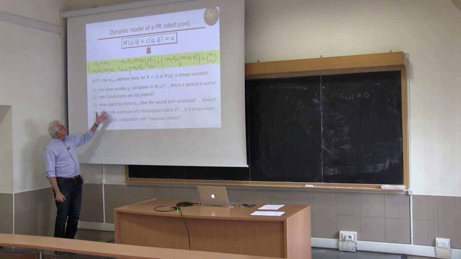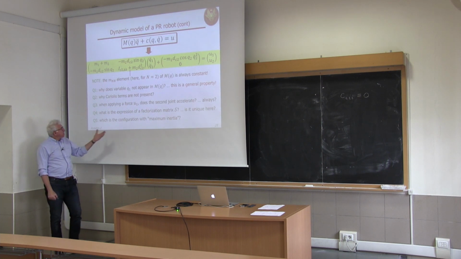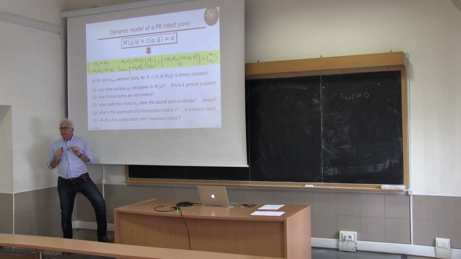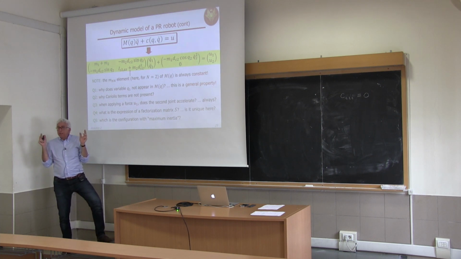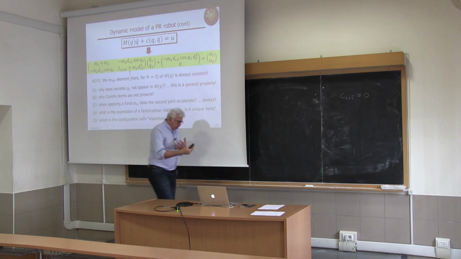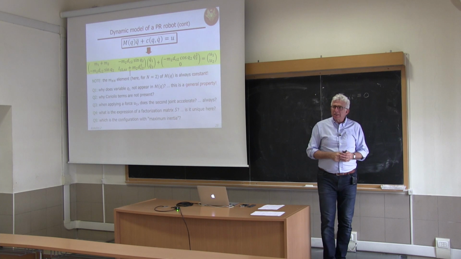So can we look at this inertia matrix of the robot and say, is there a configuration with maximum inertia? Remember, inertia is a matrix, so we should extract some information to understand that, in fact, there are configurations where the transformation between torques and acceleration is more favorable or less favorable, especially in certain directions.